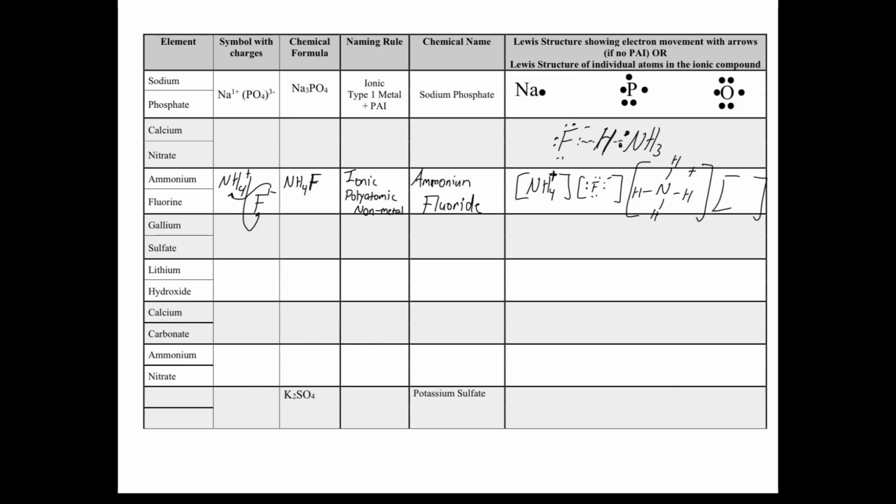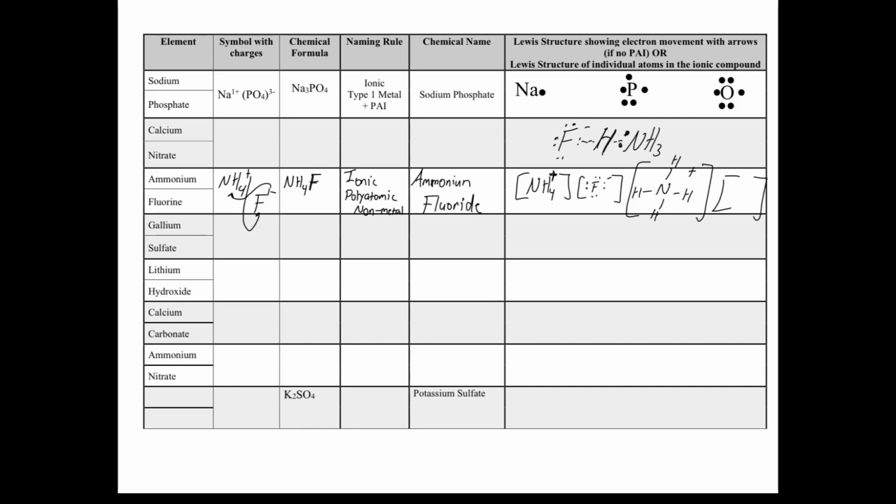Because when this ammonium forms, it's a single neutral hydrogen with an electron, and it forms a bond with a nitrogen. So that's 3 electrons, because the hydrogen came into this with 1 electron, and the nitrogen came into this bond with a lone pair of electrons.